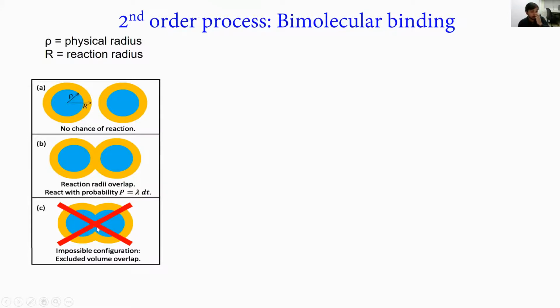But one more interesting thing is that the physical radii cannot encroach into one another. So there is this concept of excluded volume, right? The physical radii cannot overlap, but at the same time you have the reaction radii. In order to have a reaction, the reaction radii of those two sites must overlap. So that's the basic idea. That's how we model this bimolecular binding reaction.